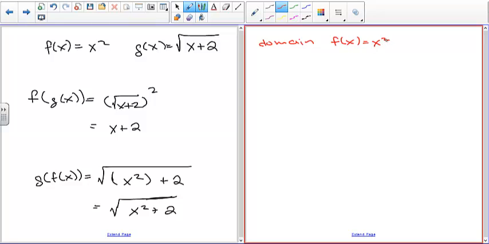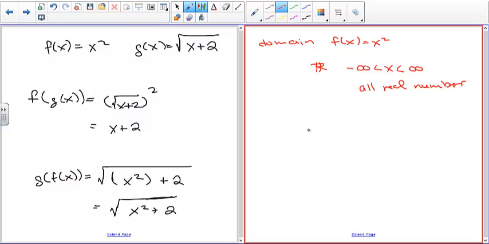Well, it's a polynomial. If I have a positive number, I can square it. If I have a negative number, I can square it. So there's nothing that limits. So you can do all real numbers. Some people use that, I usually use this terminology. Okay, you could say all real numbers. Any one of those is going to be fine.